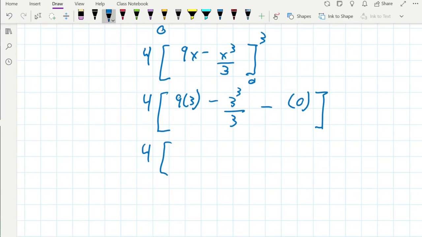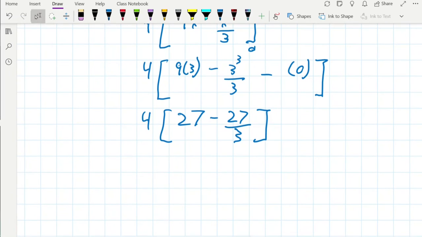That'll be 4 times 27 minus 27 over 3, which we can simplify to negative 9.